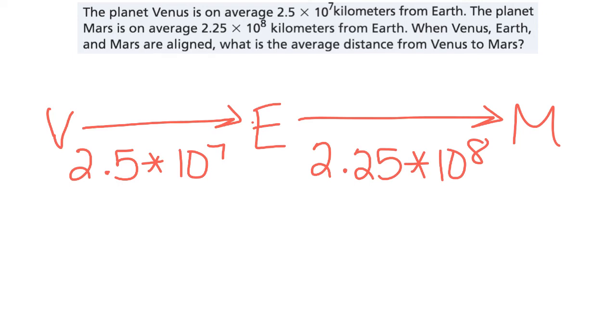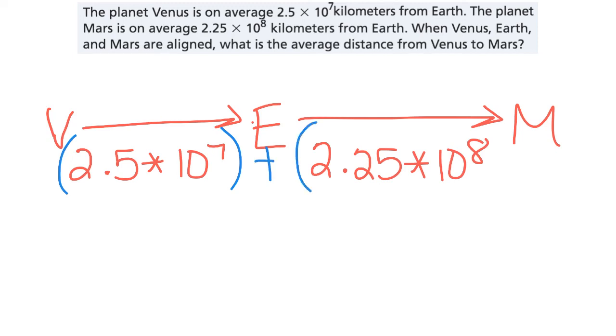Something I want you to keep in mind: when we're doing operations with scientific notation, it is going to be very important to put each individual value into parentheses. That means when we go to add these two distances, 2.5 times 10 to the 7th power needs to be in parentheses. Then press your addition key.